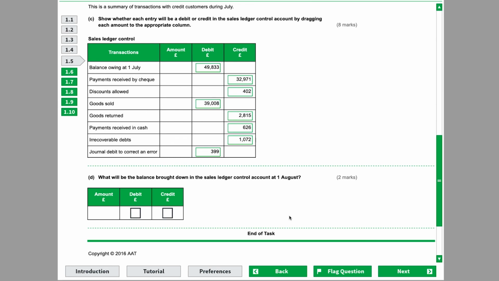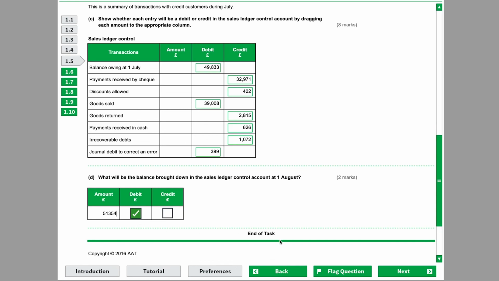So if we quickly add up the debits and take off the total of the credits, that gives us a balance of 51,354. So let's enter that in. Now, our debit side here is higher, as we would expect on the account, and therefore the balance on the account would be a debit. And that wraps up task 5.